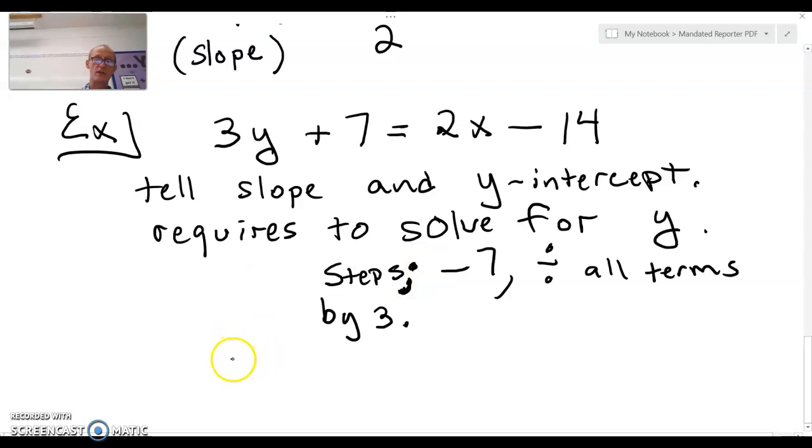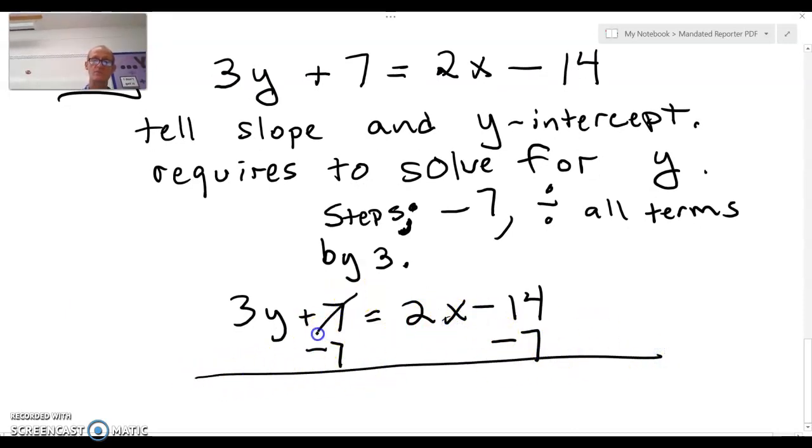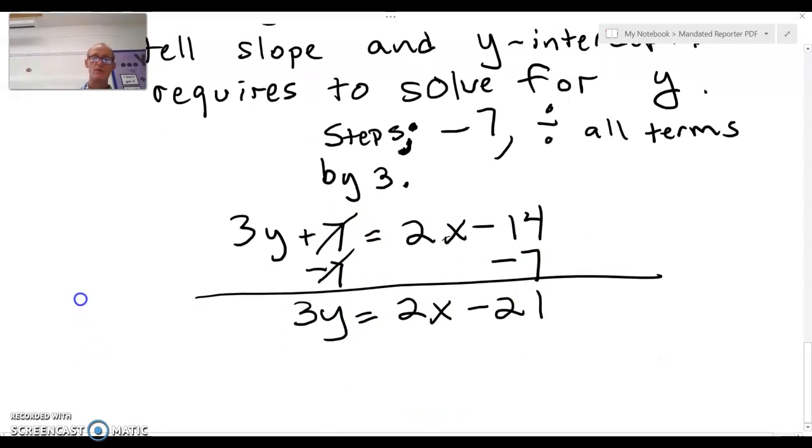So I'm going to get 3y plus 7 equals 2x minus 14. Subtract the 7 from the 14. I cannot subtract it from the 2x. 3y equals 2x minus 21. Divide by 3.